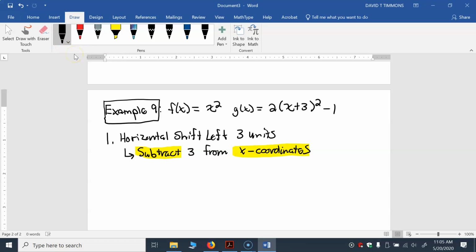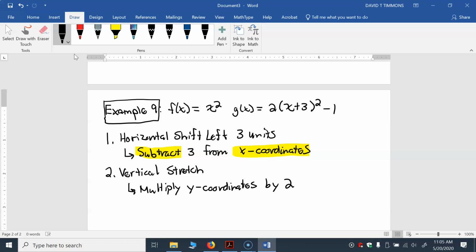Second thing we'll do is this vertical stretch. And that manipulation is we will multiply y coordinates by 2.